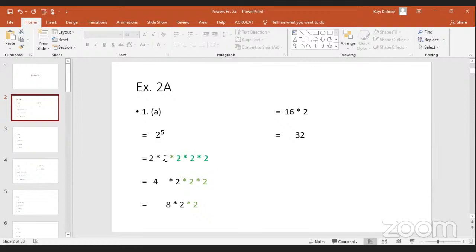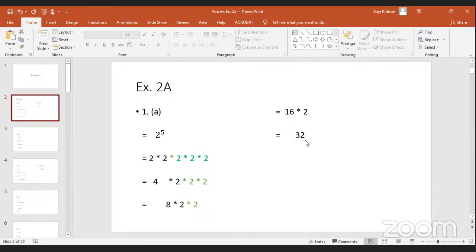All right, so 2 times 2 equals 4. Everybody see that? Yes, sir. And then 4 times 2 is 8, and 8 times 2 is 16, and 16 times 2 is 32.